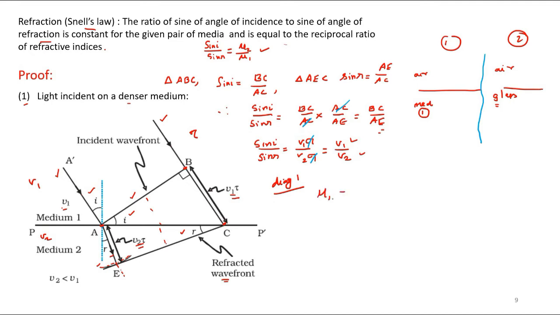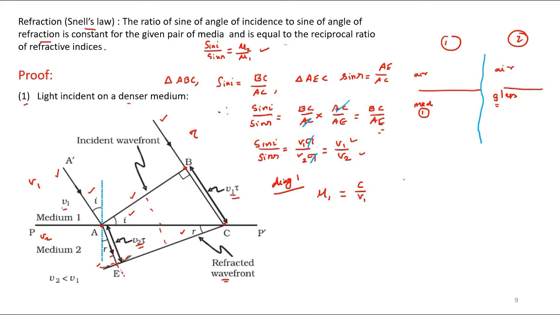So mu1, actually it is A mu1, but generally we don't write that A, so mu1 is C by V1. How? The ratio of speeds is the refractive index.